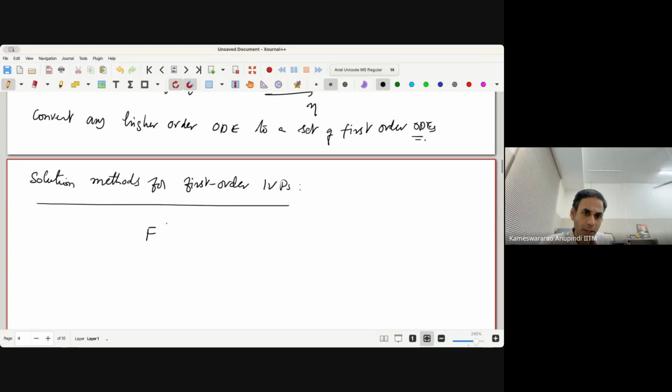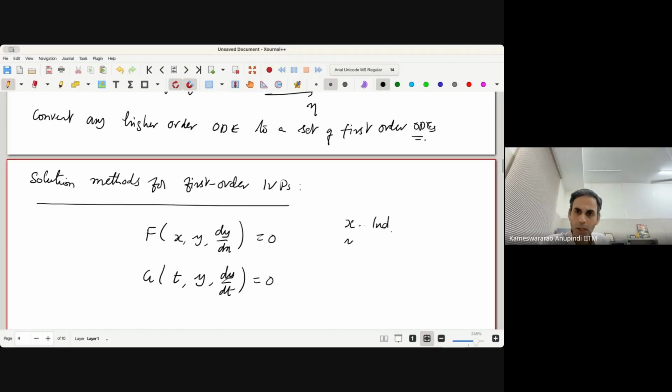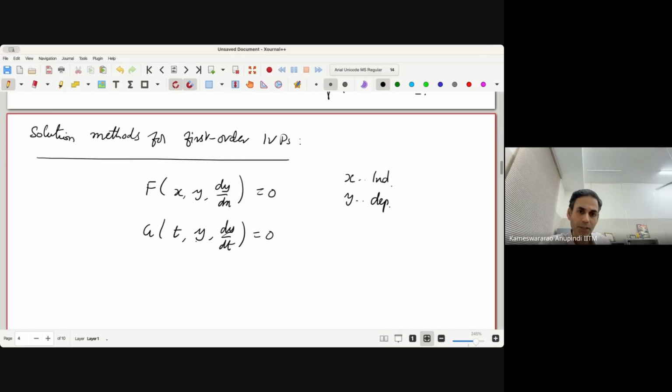A first order ODE can be written as f of x, y, dy dx equals 0. Or another function could be g of t, y, dy dt equal to 0. Here again we realize that x is the independent variable, y is the dependent variable. Similarly, we could have g of t, y, dy dt, where t is the independent variable and y is the dependent variable.